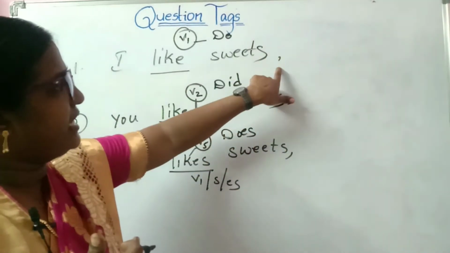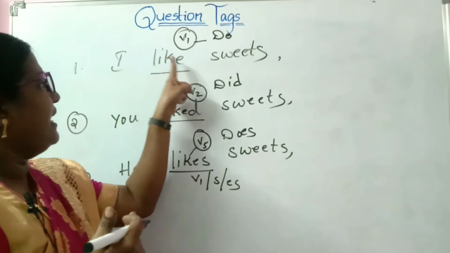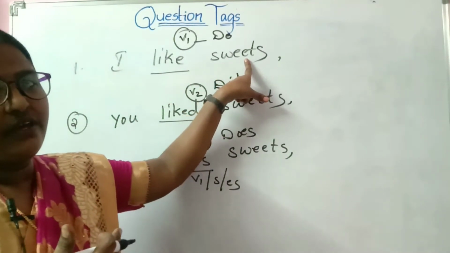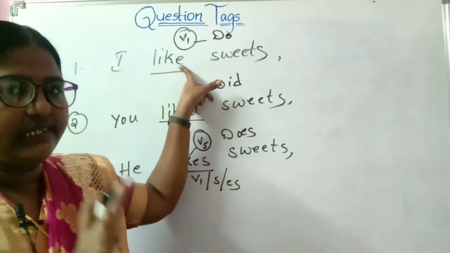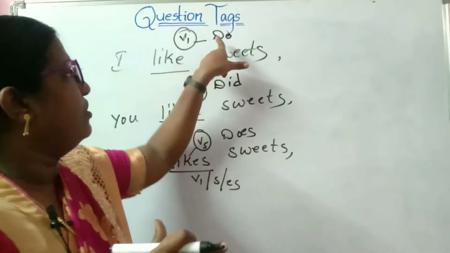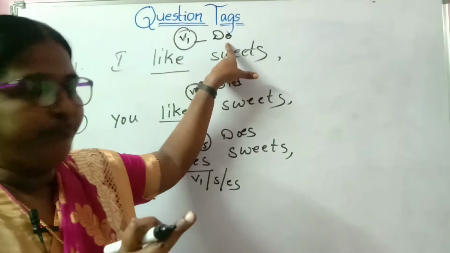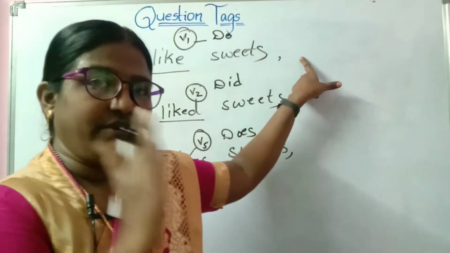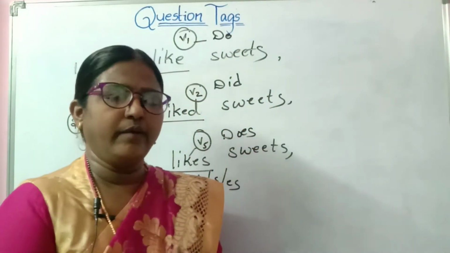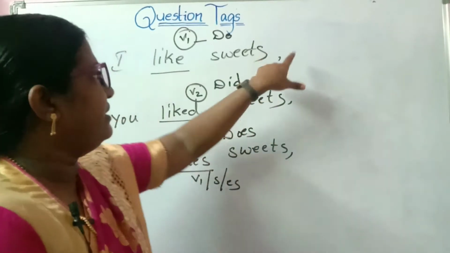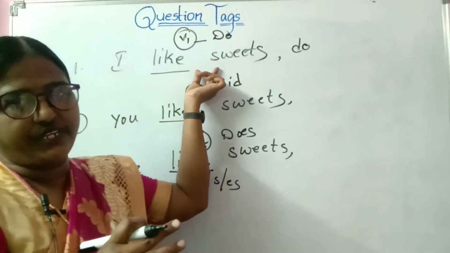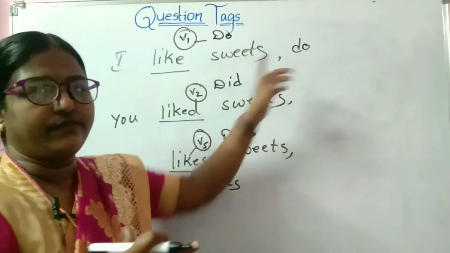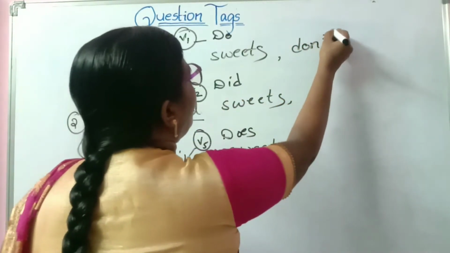Now let us write the question tag for this. I like sweets. It is present, the verb is in simple present V1 form, so we have to take do. Question tags always start with the auxiliary. It is a positive statement, so make it negative. It is don't.